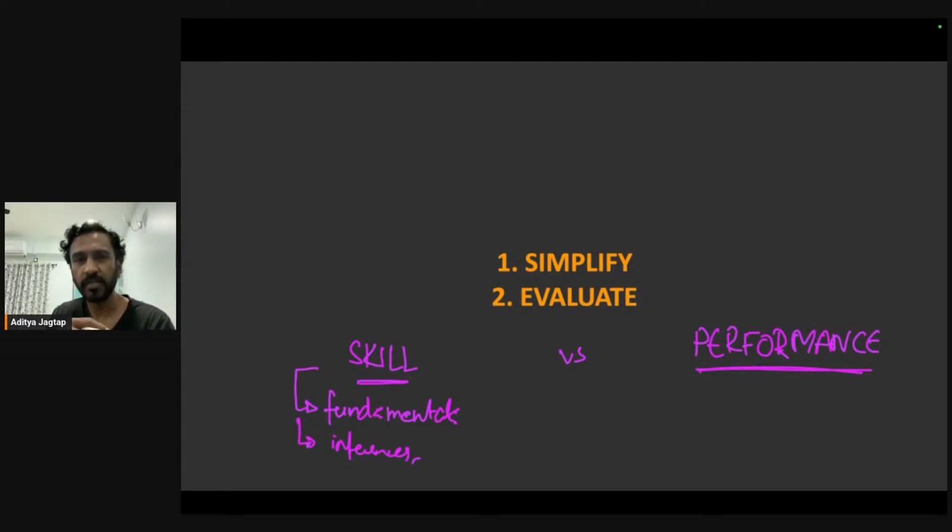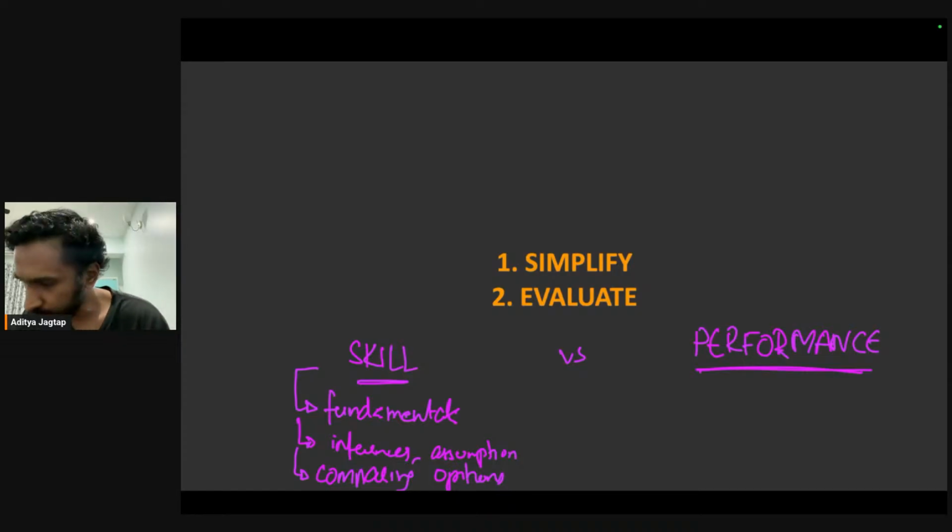Do we know which inferences subsume or include implied and suggested by the author and conclusions, etc. And the other major question type is assumptions. Do you know these concepts, right? Do you have the skill of comparing options, right? So these things are actually tested in skill, whereas in performance we are checked whether we can apply skills under pressure.